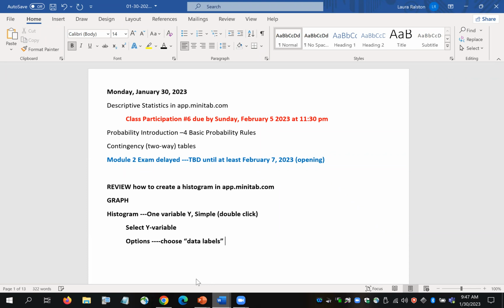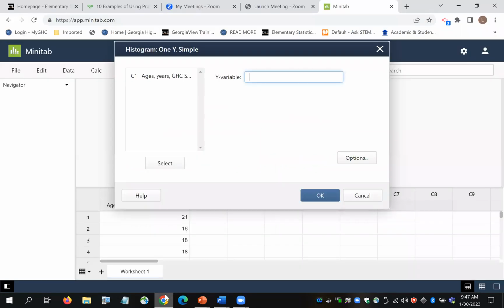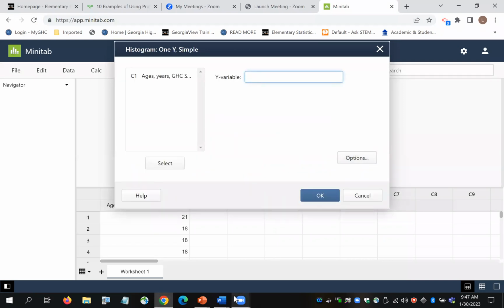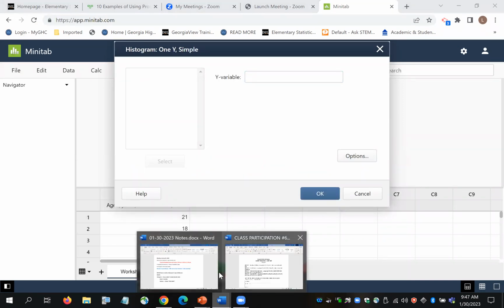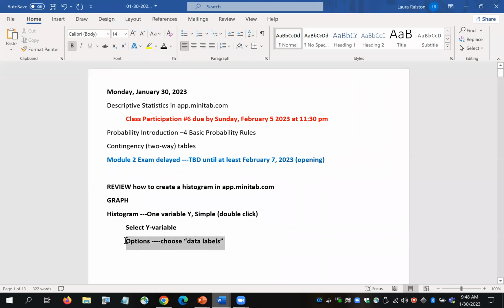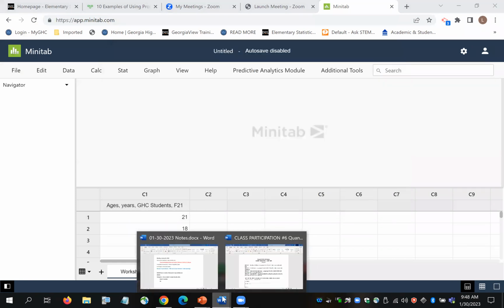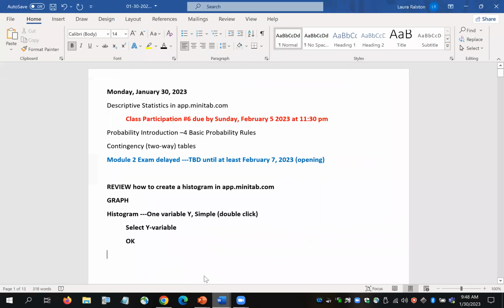I think that's the option. I'll have to double check. Nope, we don't choose anything there. Sorry, that's on a bar graph. So I don't need to do this. We choose the y variable and then we click OK. And our histogram should appear. Let me pause there for a minute so you can write those things down.